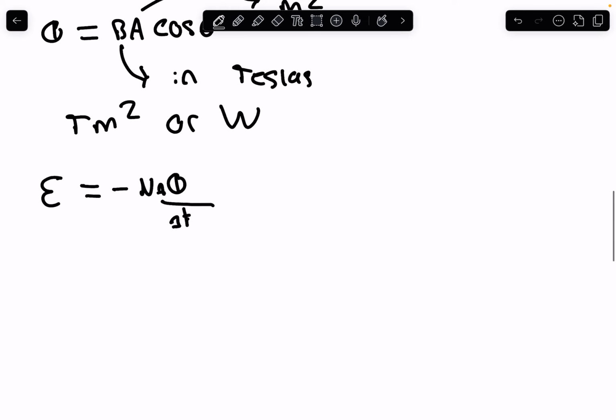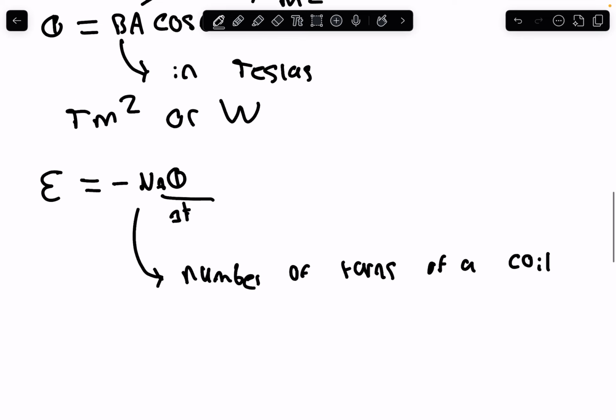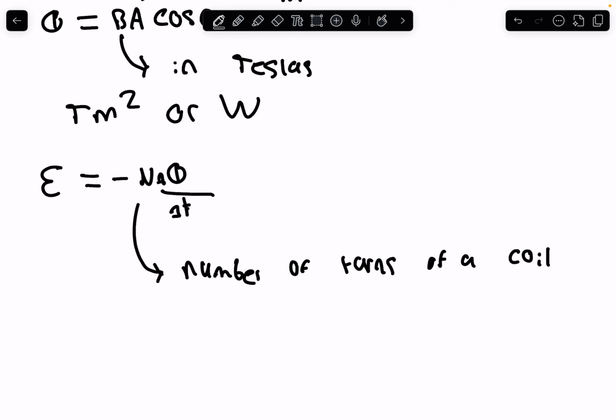Negative N here if you're only dealing with a coil. So N is the number of turns of a coil, but you don't have to use it if you're not using a coil.